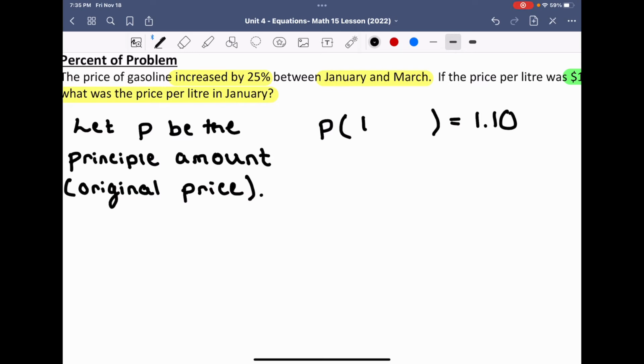As a decimal, if we take 100% and divide by 100, we would get 1. If we do the same thing with 25%, when divided by 100 to give us the decimal, it would be 0.25. So we should have P times 1.25 is equal to 1.10.